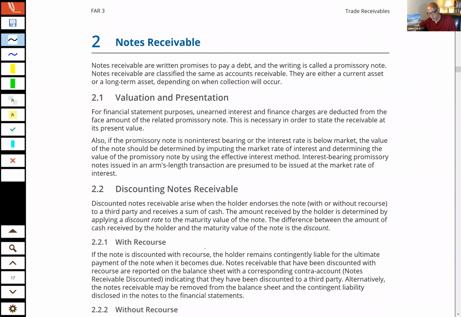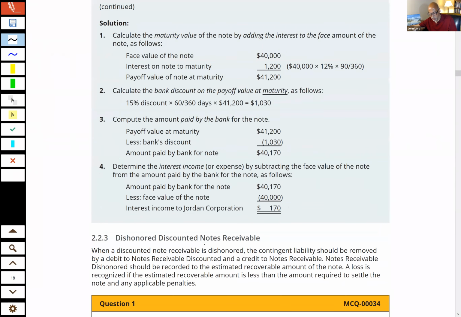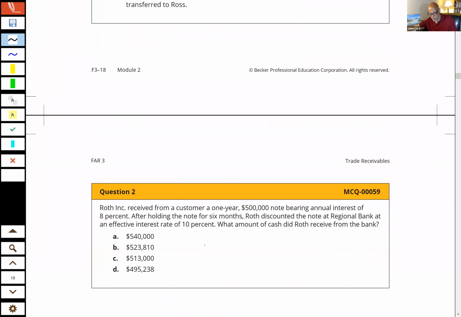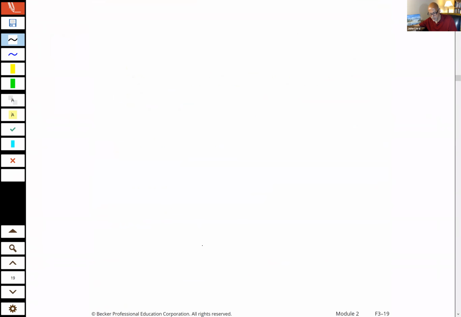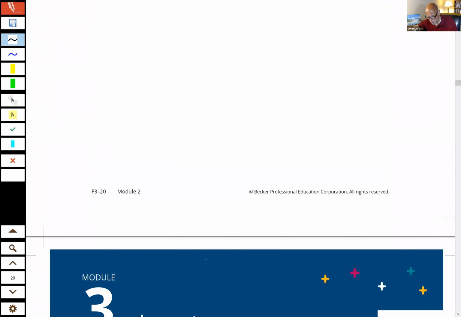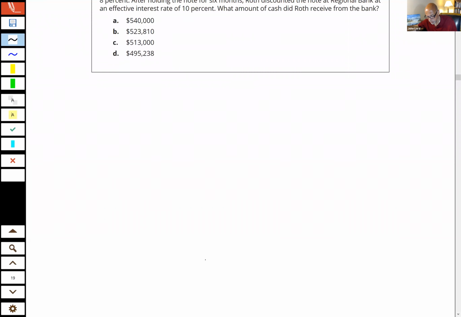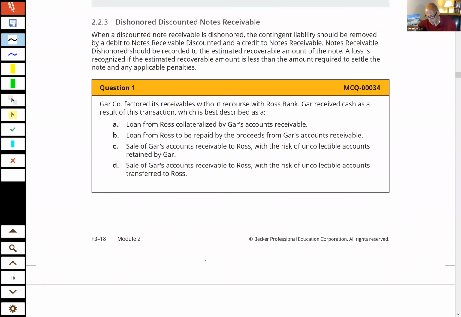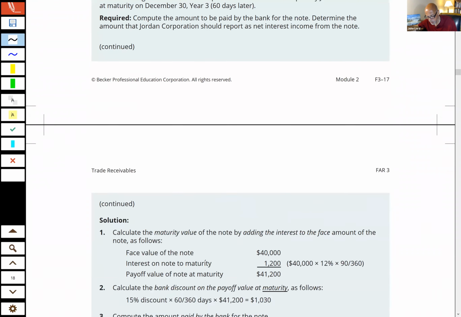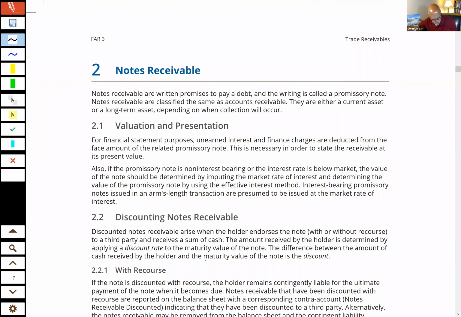Guys, I want to start notes receivable because then you could get into the module. You could finish this module. But I feel like I'm going to just rush it if I do, and I don't want to do that. So I'm going to stop, unfortunately.